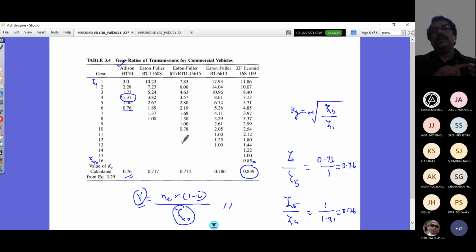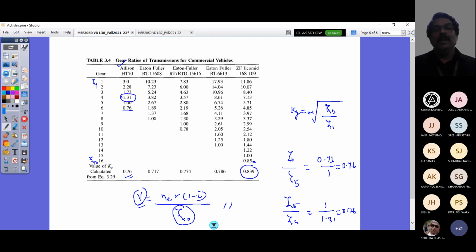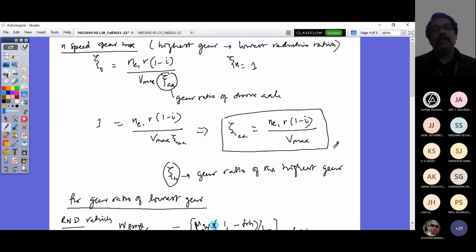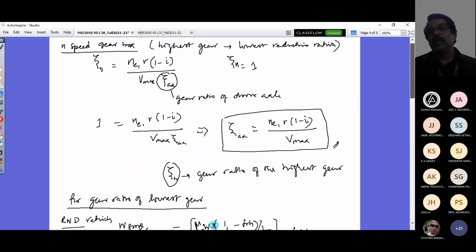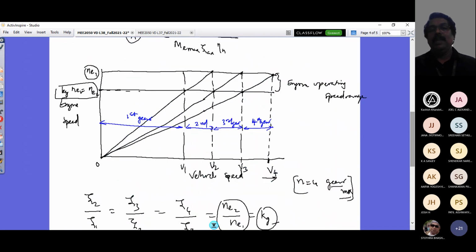So join your origin, the zero speed line point, draw the diagonal, and then where it intersects the lower range of your engine speed, that point has to be considered as the second speed. And then again connect to this, and where it intersects, that is V2, V1, like that we get your speed ranges, and that gives you the speed range accommodated by this gear.